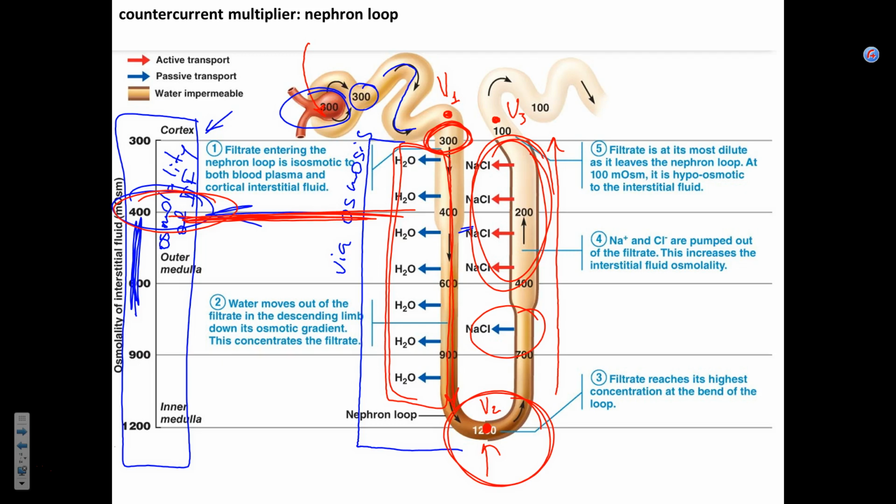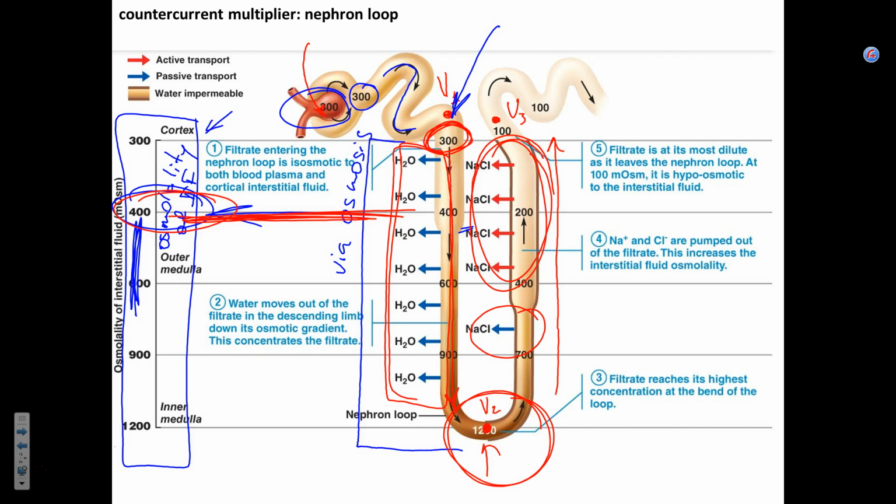Okay? Now, before we move any further, I want to reiterate what we said. Filtrate enters the descending limb of the nephron loop, and while it moves down, deep into the medulla, only water gets reabsorbed. I want to stress it for you. Descending limb is permeable only for water.